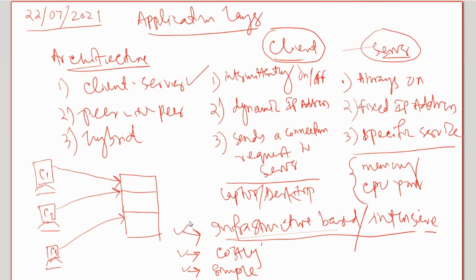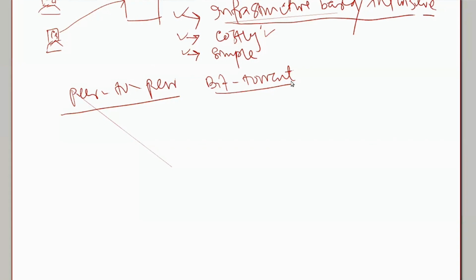So the cost of communication in client server architecture is high. Then it is simple. Why? Because I always just have to contact the server to get things. I don't have to bother about anybody else. So the communication is very, very simple in client server architecture.